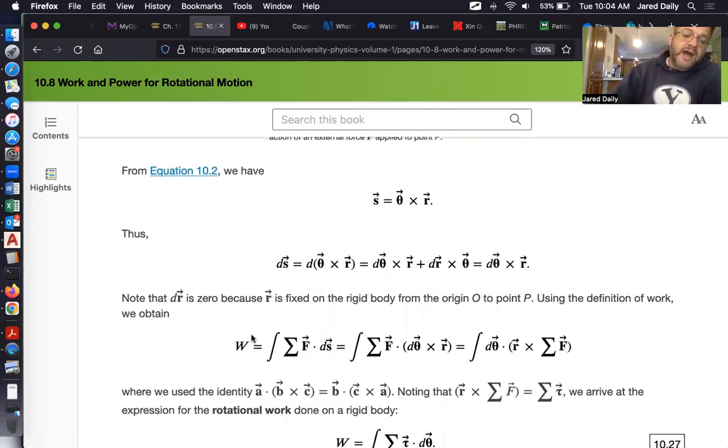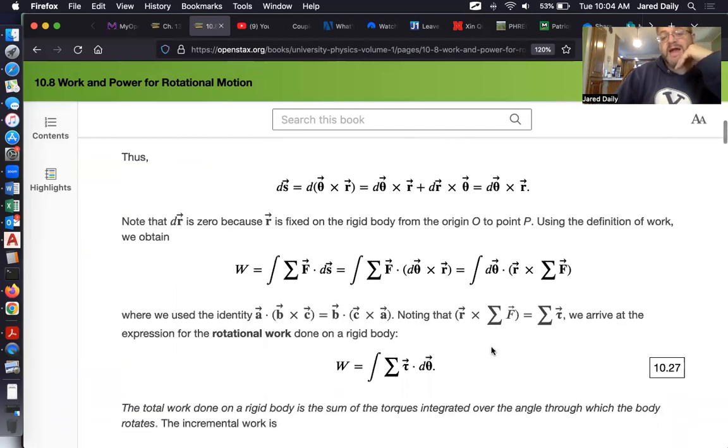And then to calculate the dot product between our force and that arc length, force dot ds, we're going to have to plug in the d theta cross r, because this is a rotational thing. So we end up doing a little bit of math, the distributive property, not FOIL.